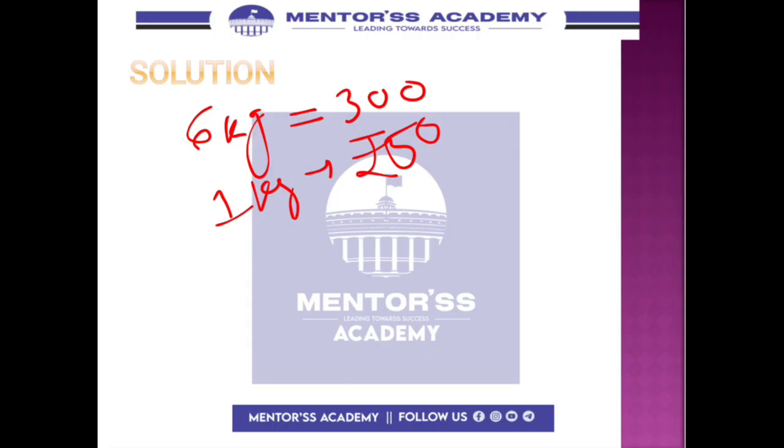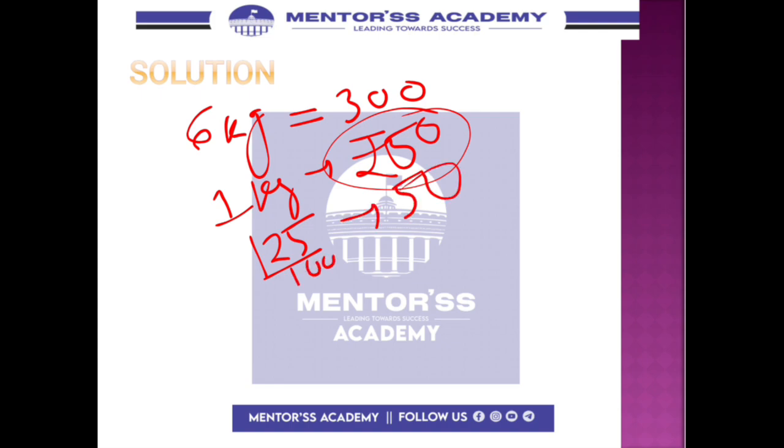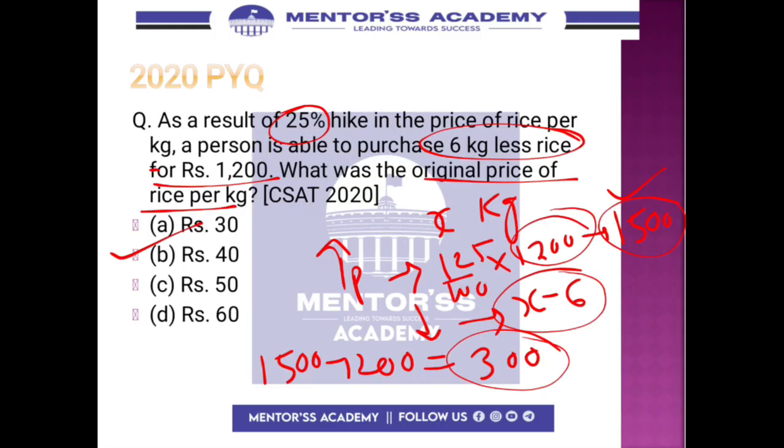Then 125% is 50, so the original price is rupees 40. Simple, right? The correct answer to this question is rupees 40.